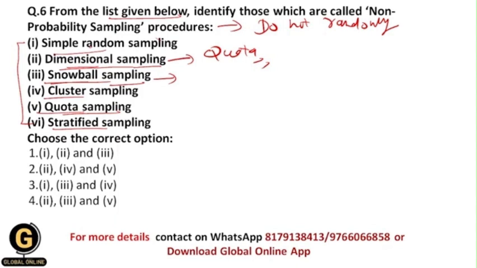This is called snowball sampling. In quota sampling, a researcher wants specific people who have specific characteristics. Those three are the non-probability sampling procedures, but simple random sampling, cluster sampling and stratified sampling are the probability sampling procedures. That's why your correct answer should be 4, that is 2, 3 and 5.